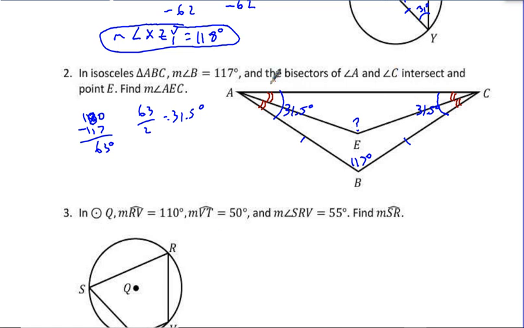In order to find AEC, this angle here, I need to know just that small portion on both sides. Well, 31.5 divided by 2 tells us that 15.75 degrees is how much any one of these little angles are. And let me get the highlight tool here.